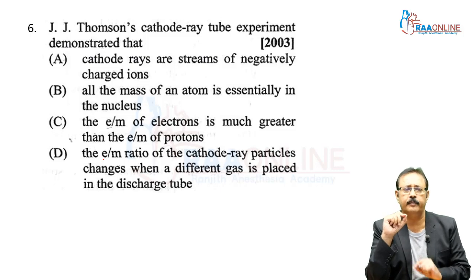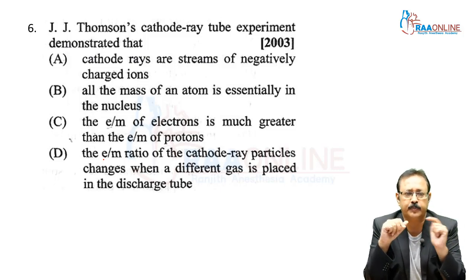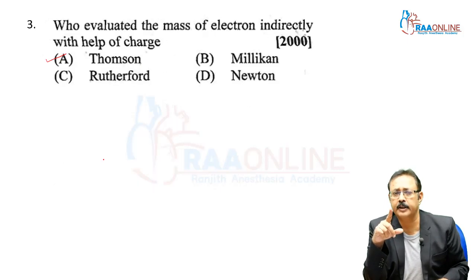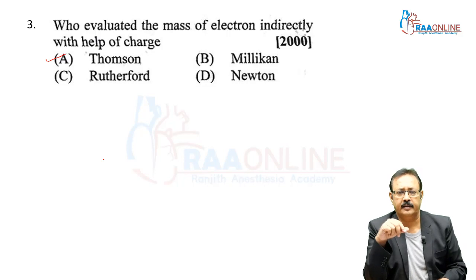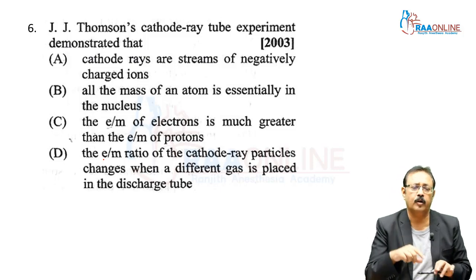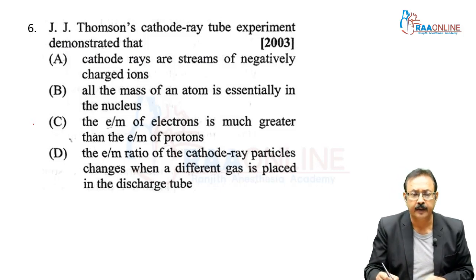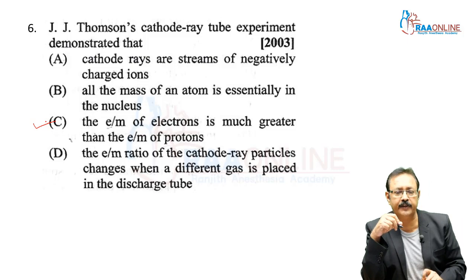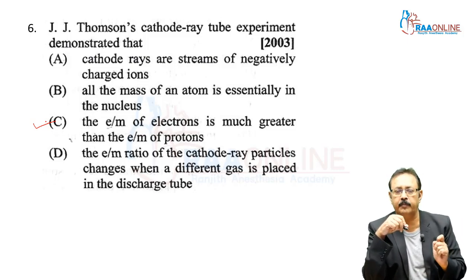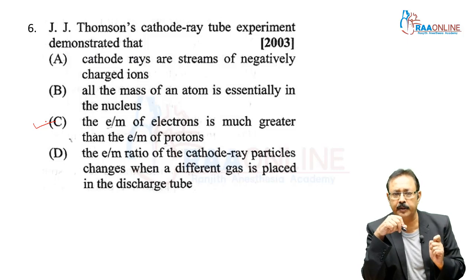The e upon m, just we discussed in the first problem, this specific charge e by m. This experiment was done by Thomson. So we will go with option C. The e upon m, meaning specific charge of electron, is much greater than the e upon m of protons. J.J. Thomson showed it.